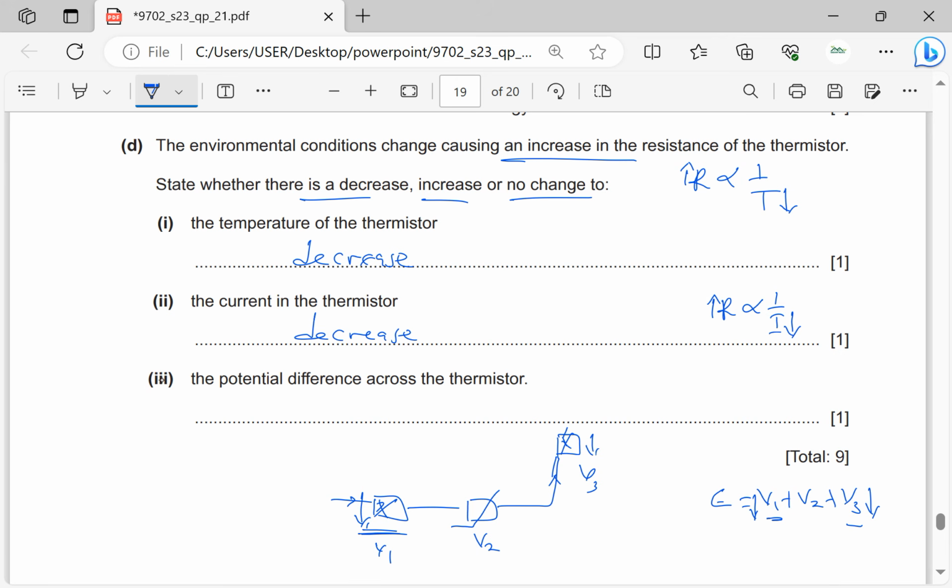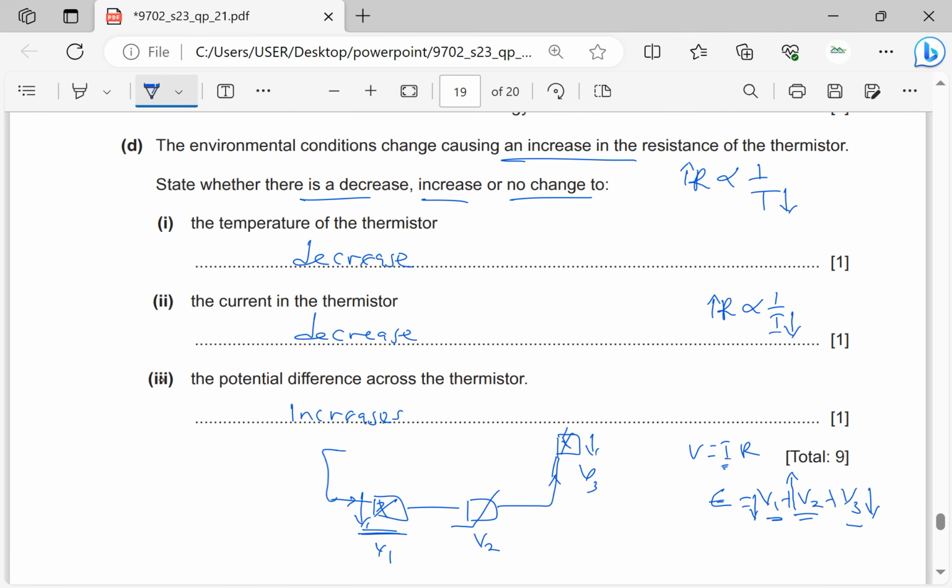So by conservation of energy, V2 must increase. Even though I has decreased, since the PD across the rest has decreased, the PD across the thermistor must increase. So this one increases.